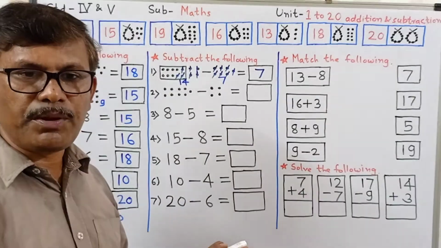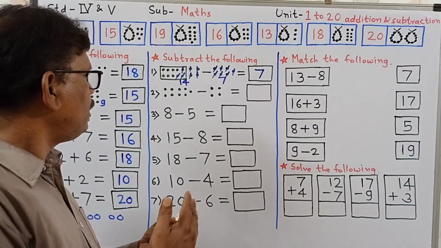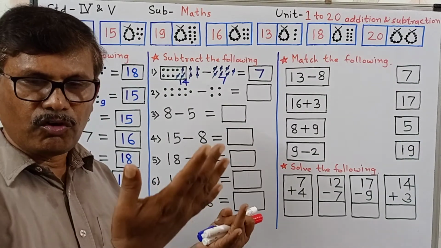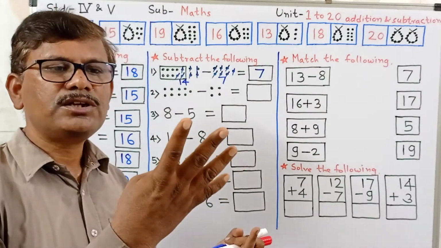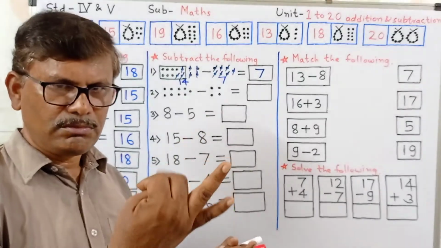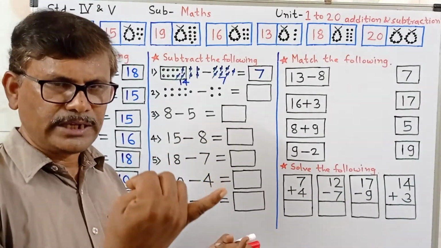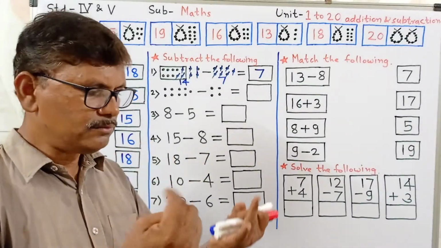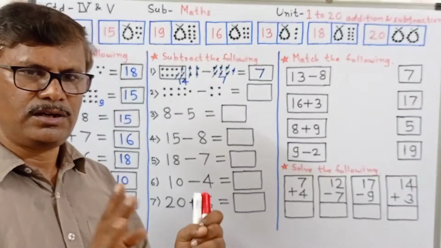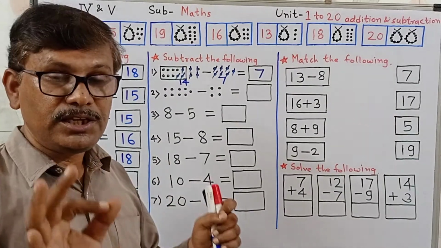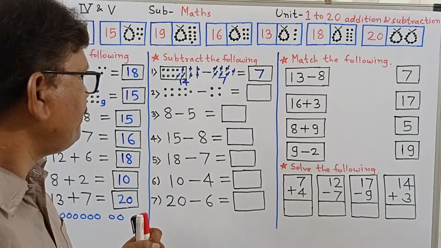Count the before numbers of 14: 13, 12, 11, 10, 9, 8, 7. This is the very easy and smart method.